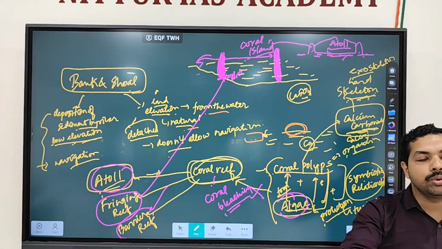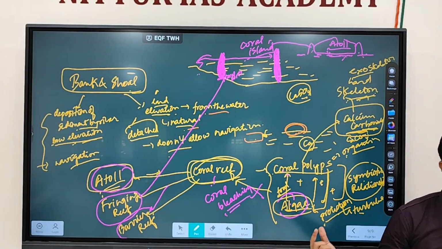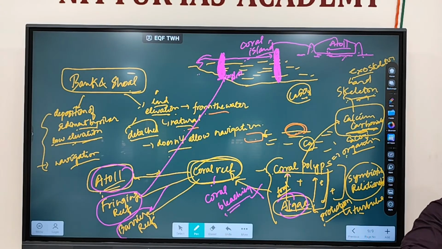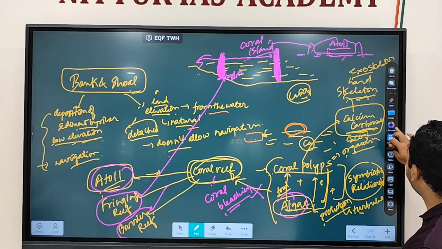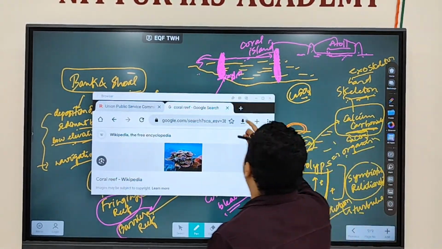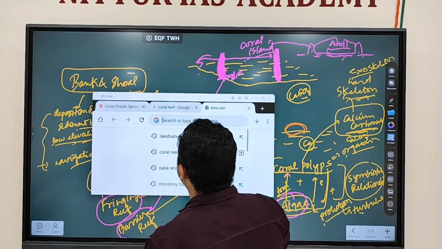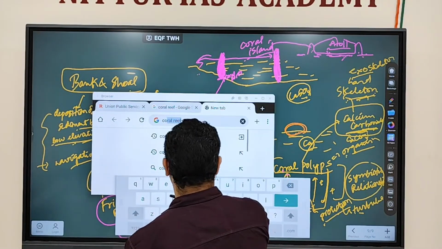When you bleach, you lose colors, no? Means corals are losing color. Why? Because we discussed color is due to algae. If algae are not present, they will lose the color. Fine. I'll just show you a figure of coral bleaching.